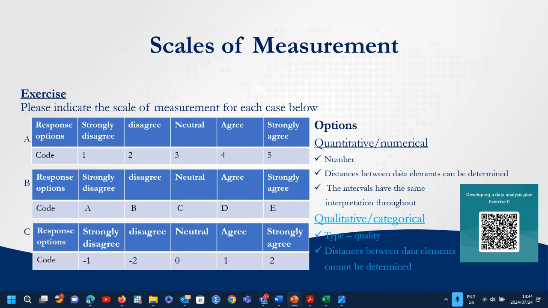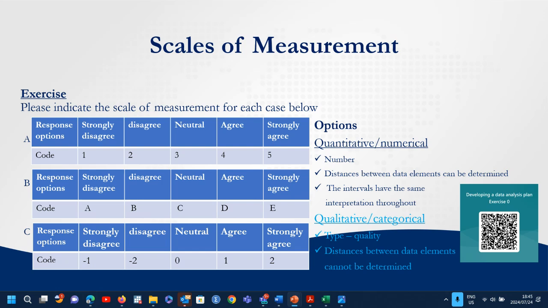So if you just take into account the notes that I've put on the side, I'm going to ask you to indicate in each case. What you see here is the same variable, and in one case it's coded. So we know that the variables can be coded, right?